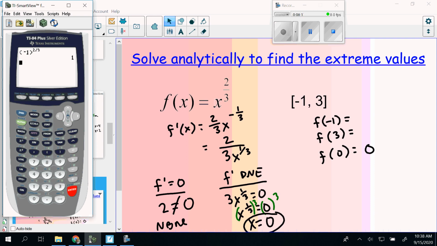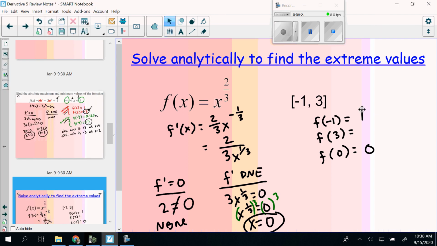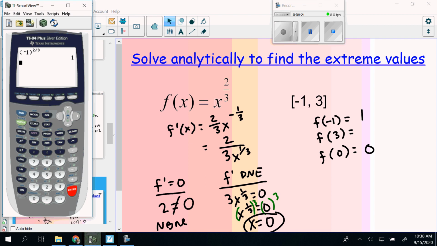And we're putting this back into the original function when you want to find values. You get 1. And then if we do the same thing with 3, 3 to the 2/3, we get about 2.08 something.